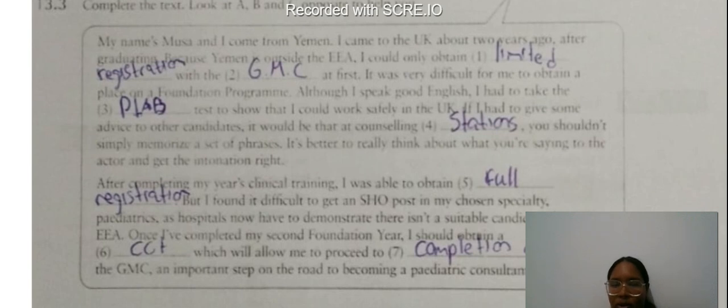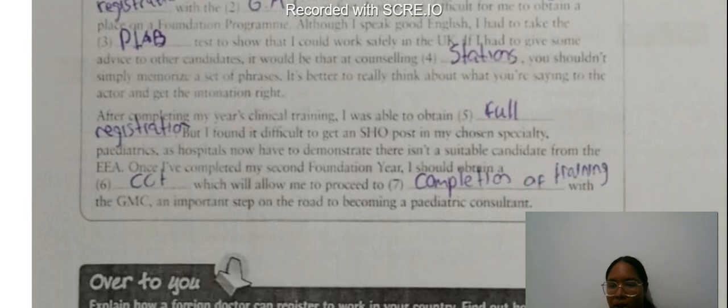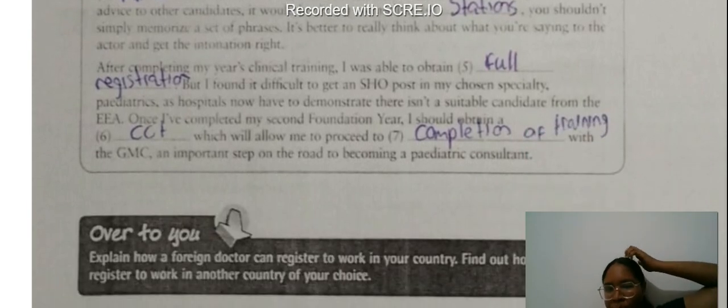If I had to give some advice to other candidates, it would be that at a counseling station you shouldn't simply memorize a set of phrases. It's better to really think about what you're saying to the actor and get the intonation right.